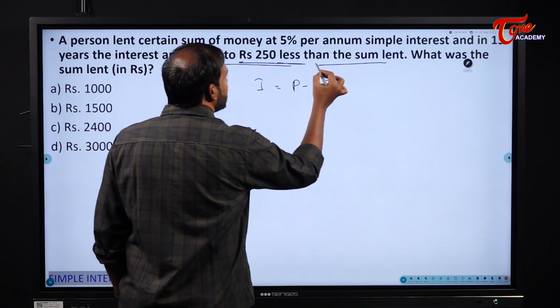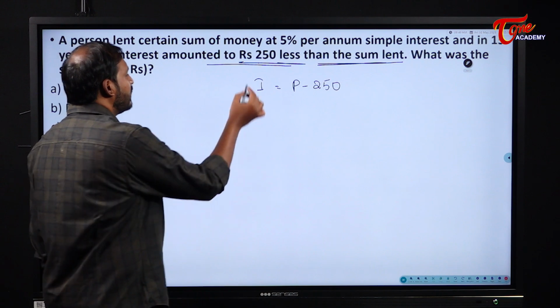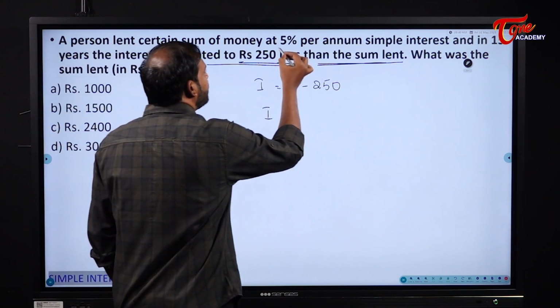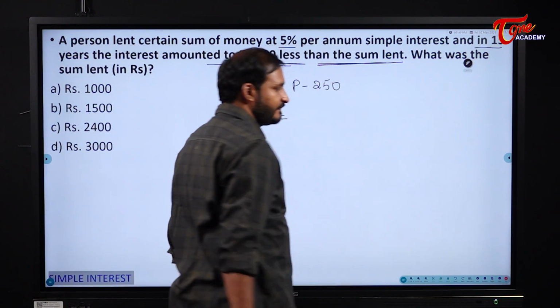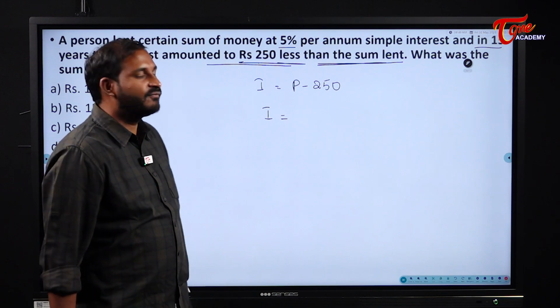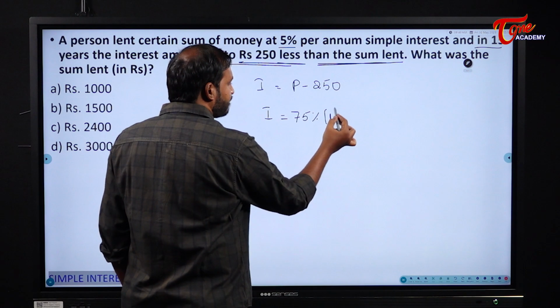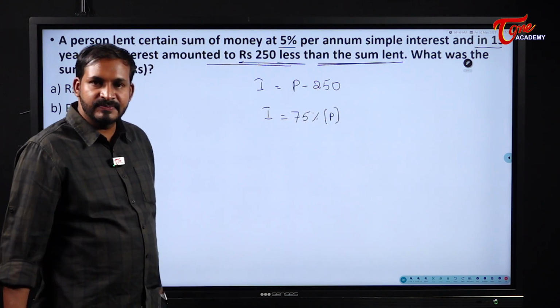These 250 are less than the sum lent. First of all, what is the interest you need to pay here? 5% per annum for 15 years. 15 5s are 75% of principal. Right? 75% of principal. Am I correct?